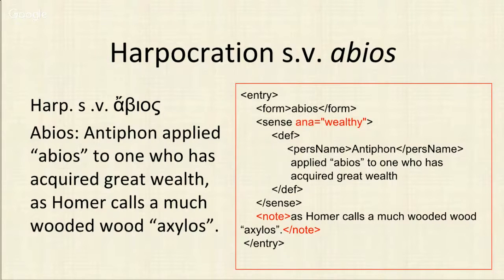Now, again, the general entry, the form abios, these are very clear elements there. For the sense, I try to figure out how I can give a hint what abios means in our modern language, because I find it important for that specific lemma.